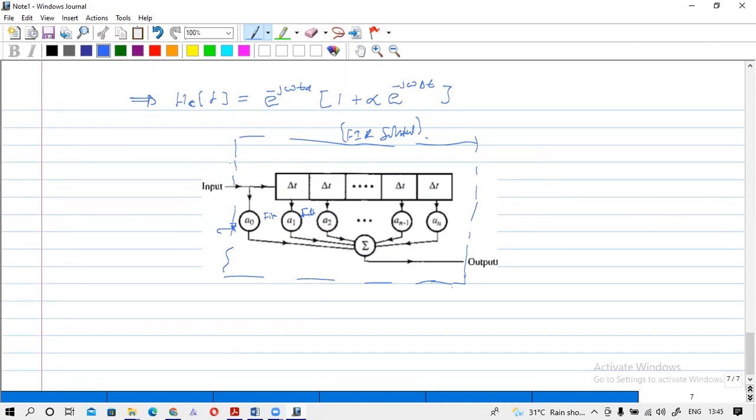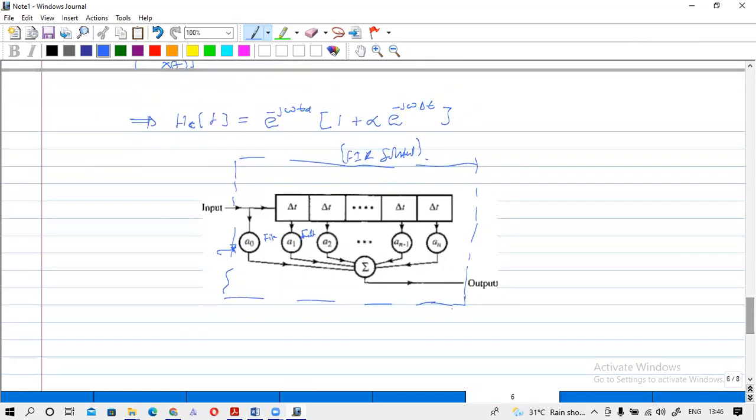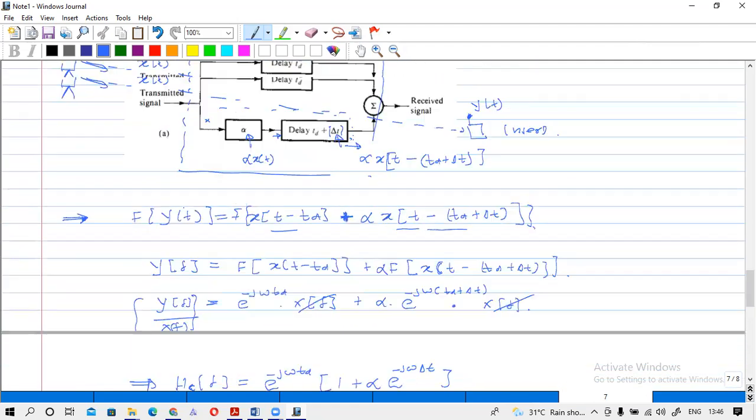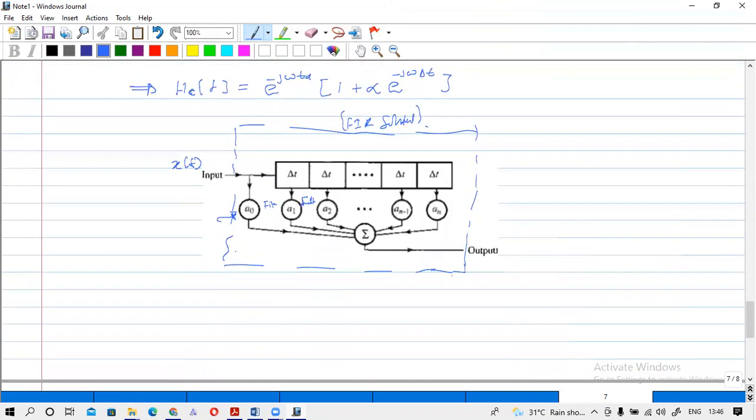First we need to find the input output relationship. I think we can find the input and output relationship easily. So I will take the input signal as x(t), as usual. Please don't think that this x(t) and y(t) are equal to the earlier x(t) and y(t).